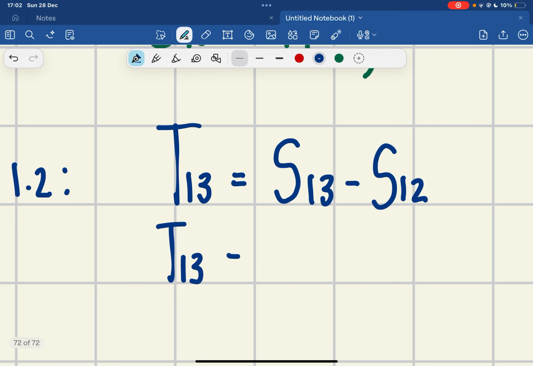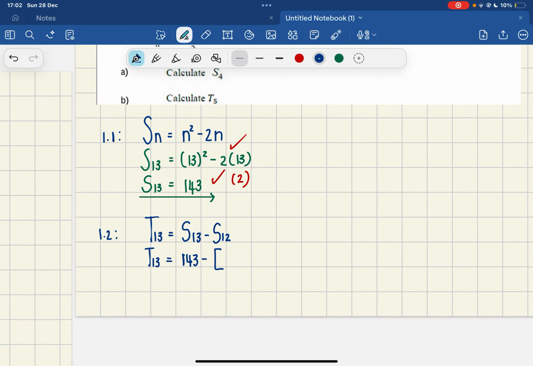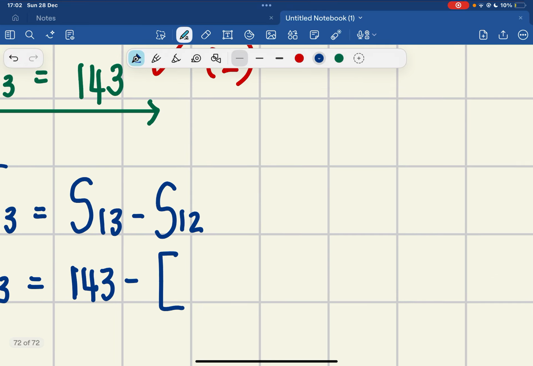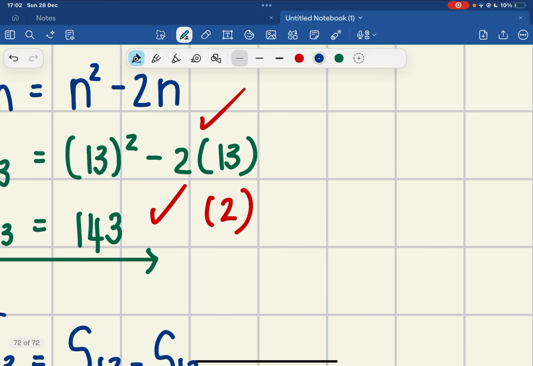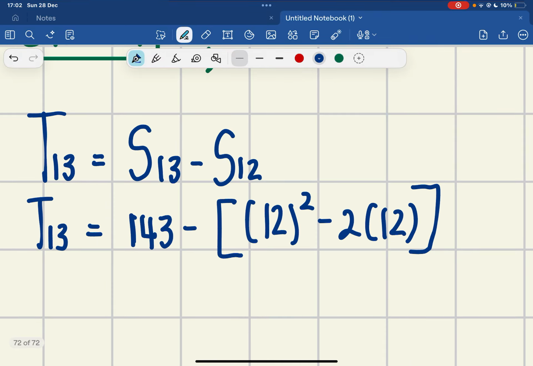We said that S13 is 143, minus S12. To get S12, we're going to put in 12 squared minus 2 times 12.